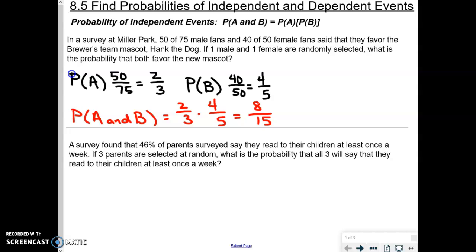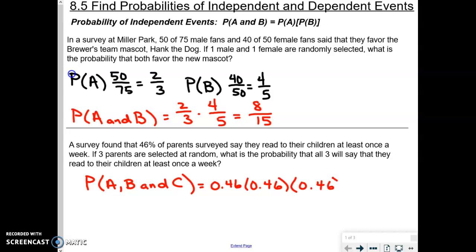So even though there's 3 events here versus the 2 we saw in the first one, they're all still independent because they have no overlap or they have no correlation with the other parents. So in this case, the probability of A, B, and C occurring would be equal to the following: 0.46 times 0.46 times 0.46.